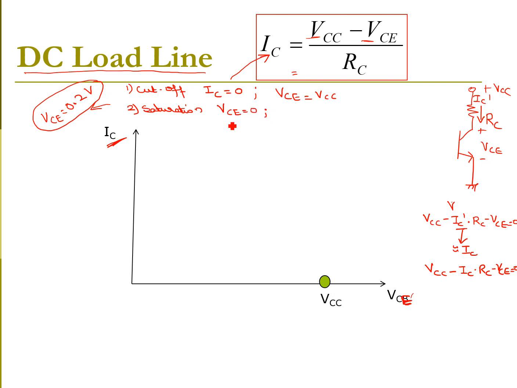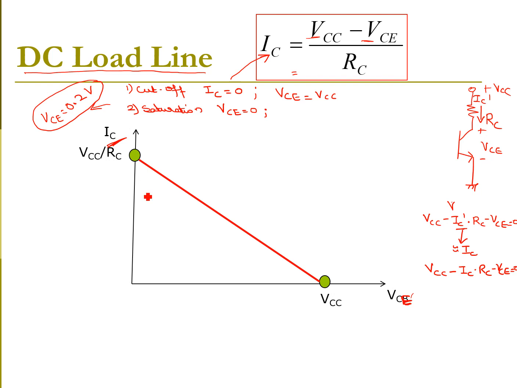So when VCE is equal to 0, again putting in the same equation, IC is VCC by RC. So when VCE is 0, the value of IC is VCC by RC. So you have another point. There are 2 points. Join the 2 points. It will give you the DC load line. So this is the DC load line.